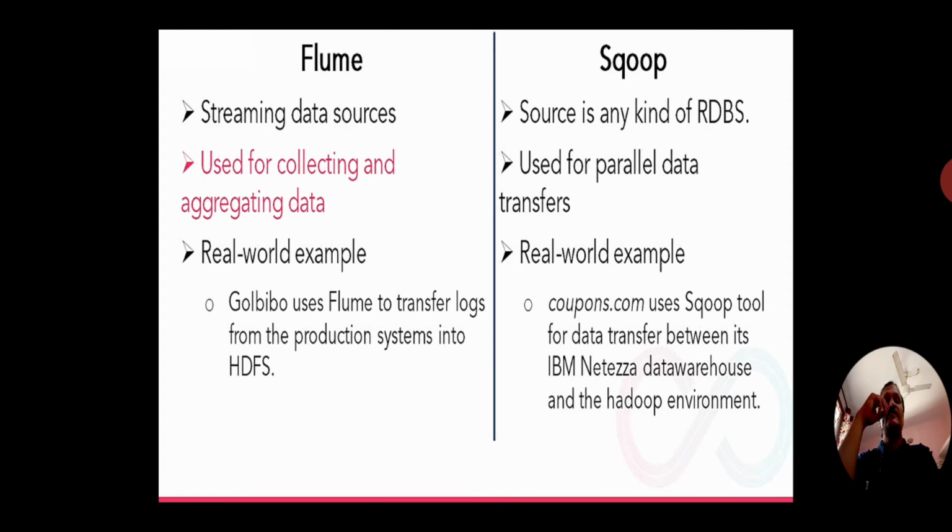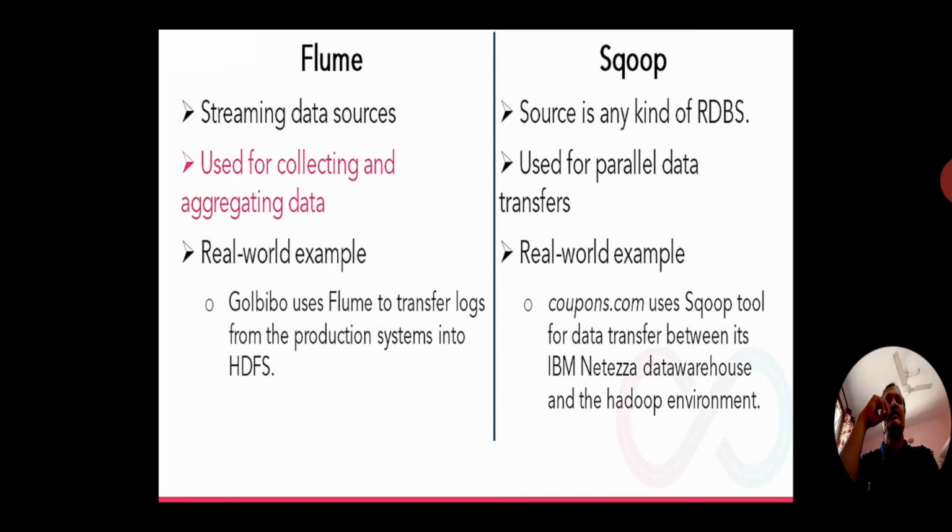Whereas Flume is a tool which directly collects the data from the log points or data generating points. It is not collecting data from the database. For example, wherever any live show is going on, like cricket, the data will be collected directly to the HDFS system.